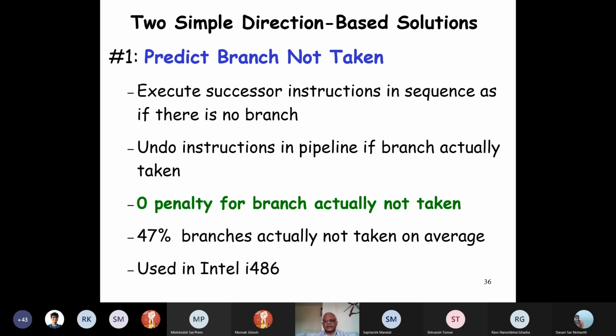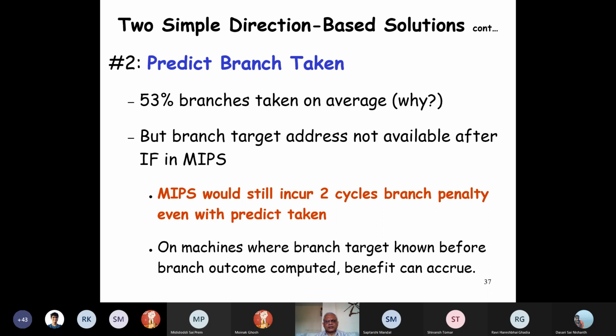But the problem is much deeper than that. The problem is that the target is not available. So even if we predict taken, we cannot use that result.